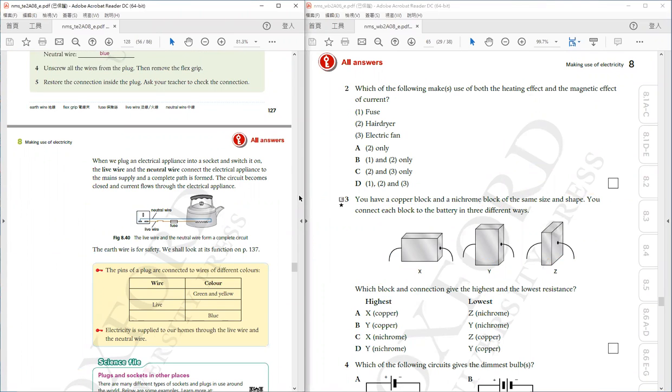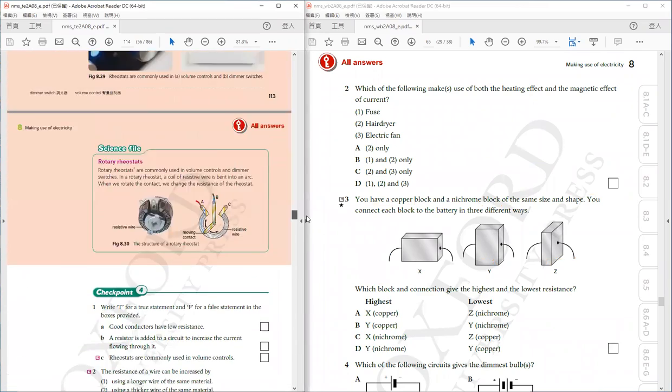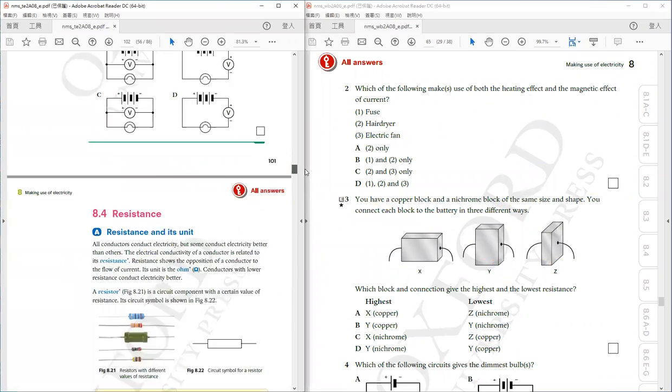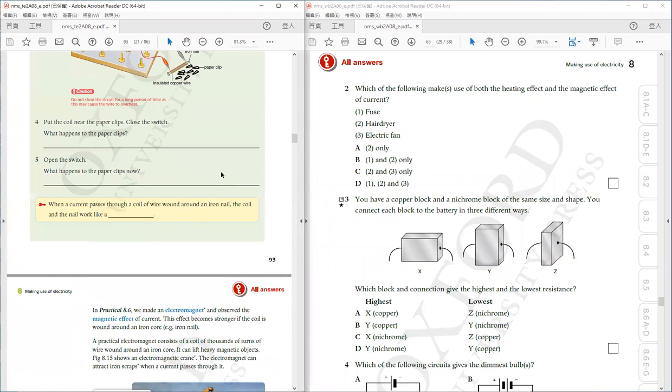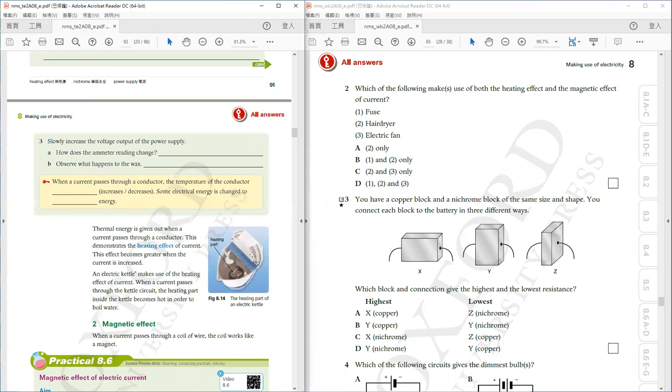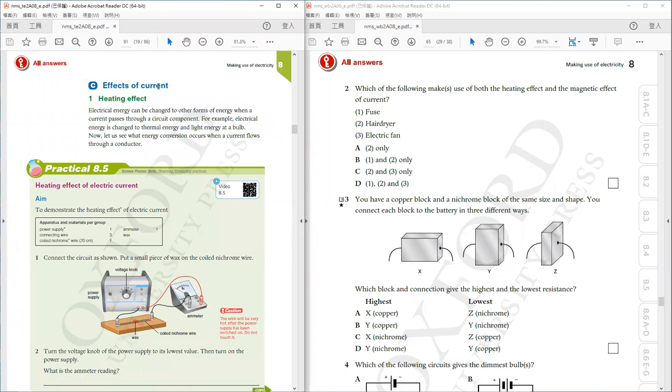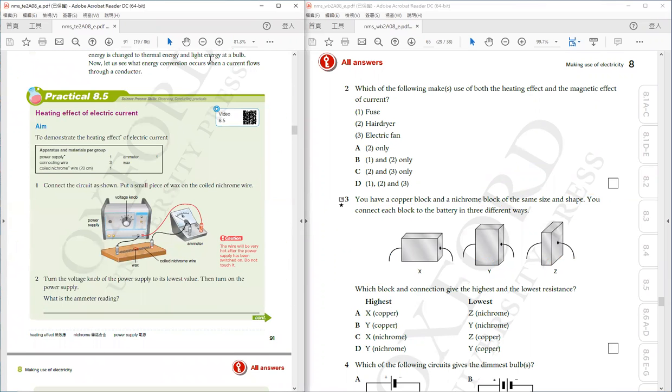Question 2. Which of the following make use of heating effect and magnetic effect of current? In current, chapter 8.2, there are two effects. This is page 91 and page 92.